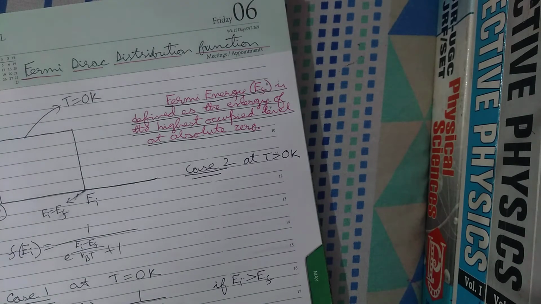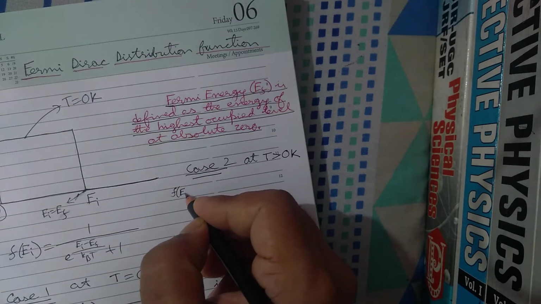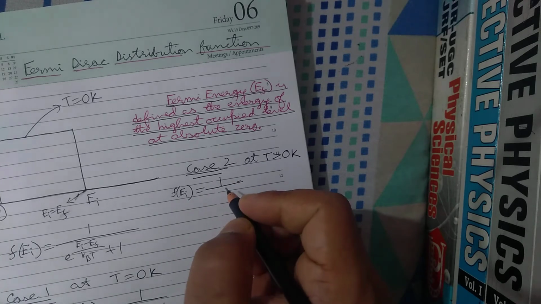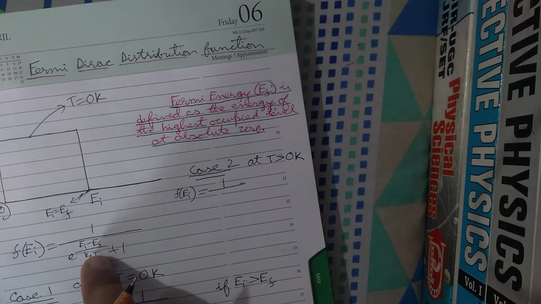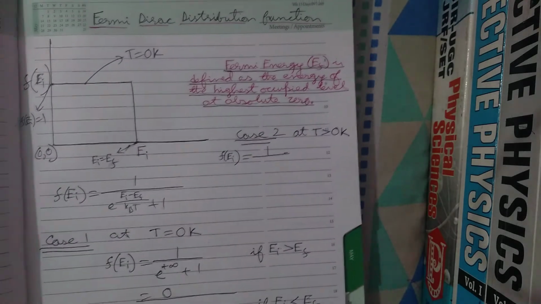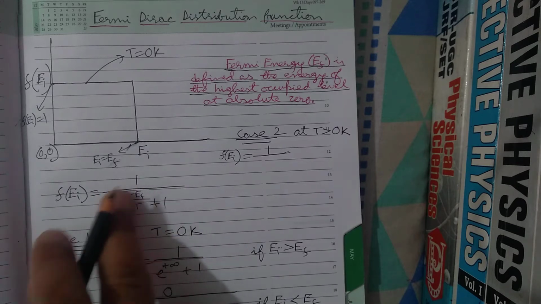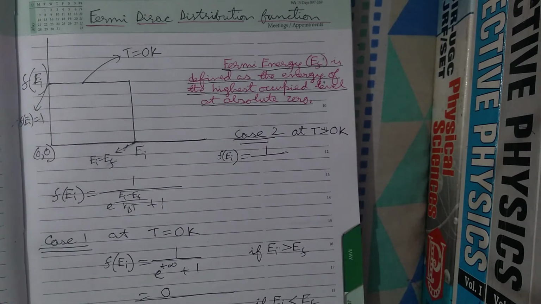At T greater than 0 Kelvin, F(Ei) will be 1 by e to the power of (Ei minus EF) by kT. T is finite here, so this will be a positive quantity.